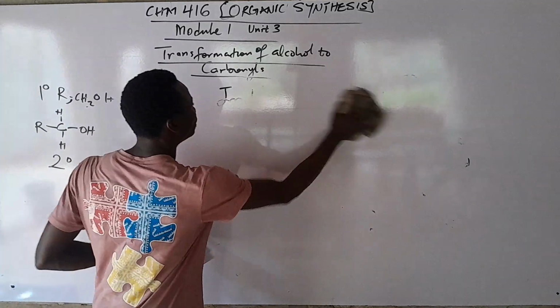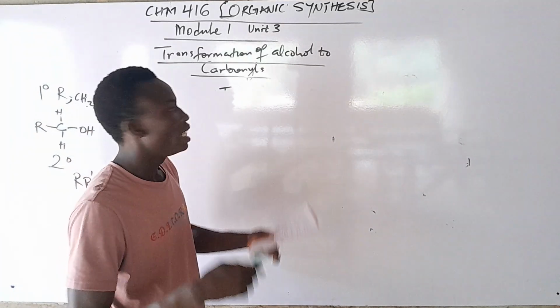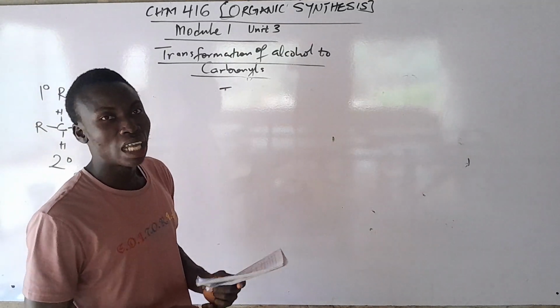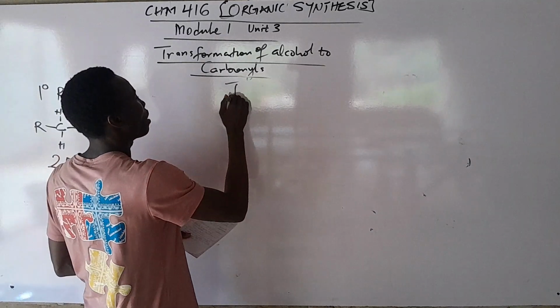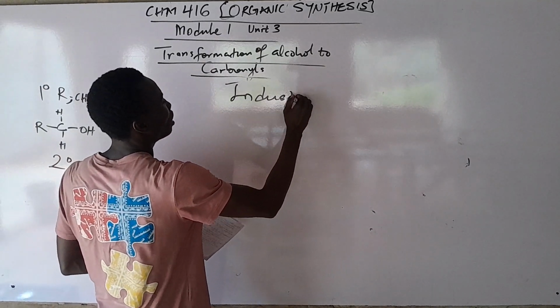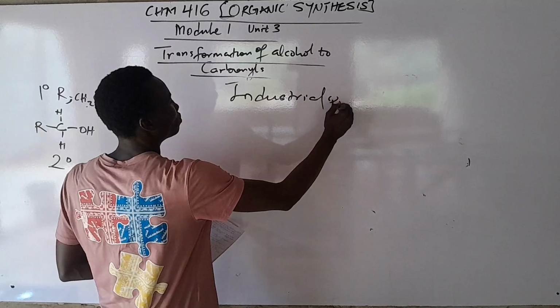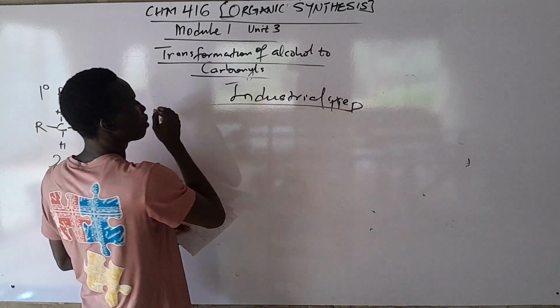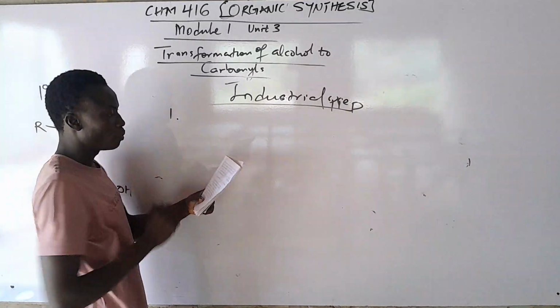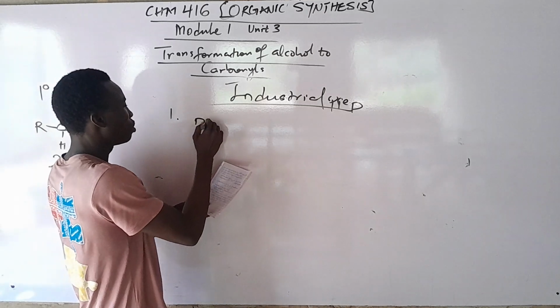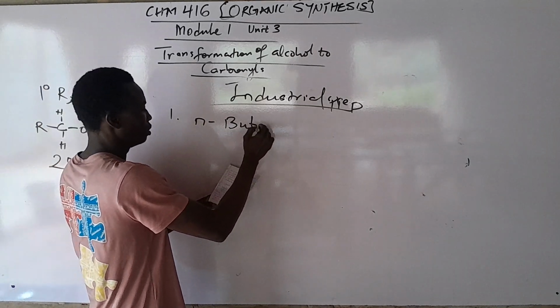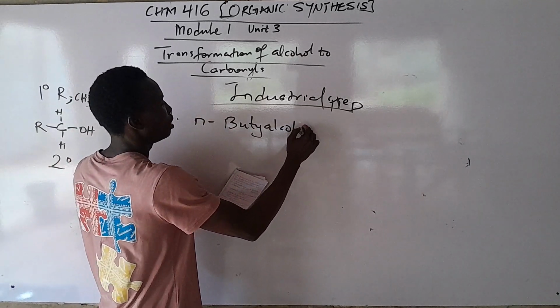Now I proceed. What are the industrial preparations that we have there? Under industrial preparation, we have the following. Number one, we have n-butyl alcohol.